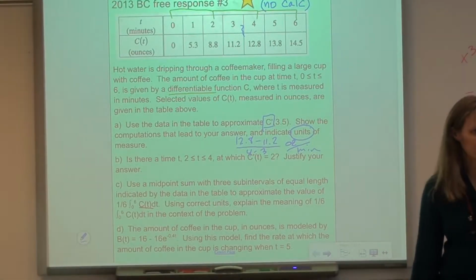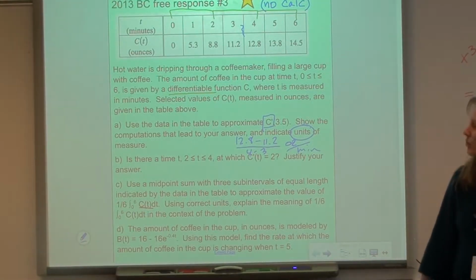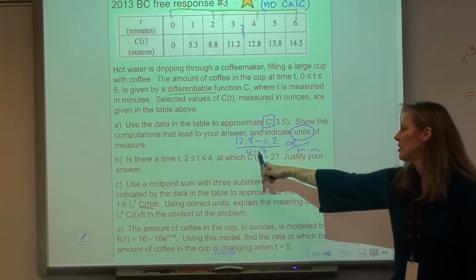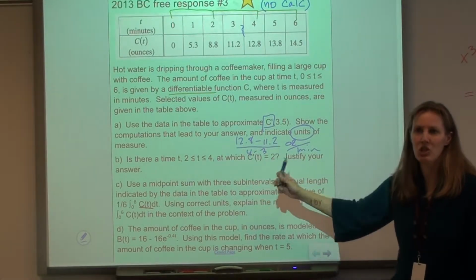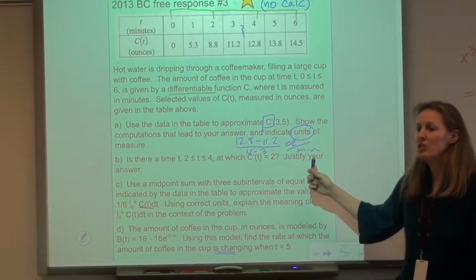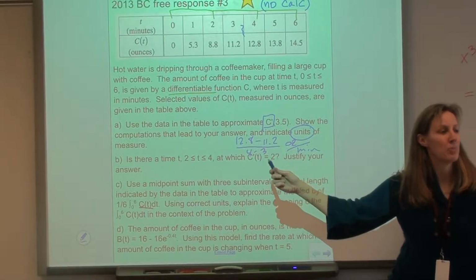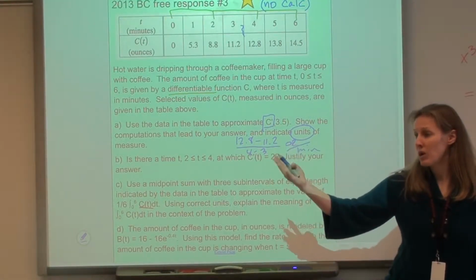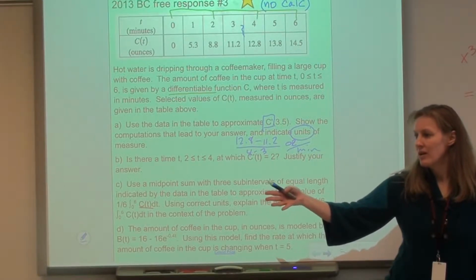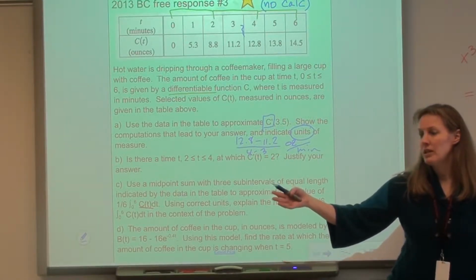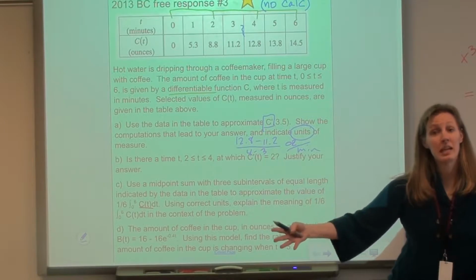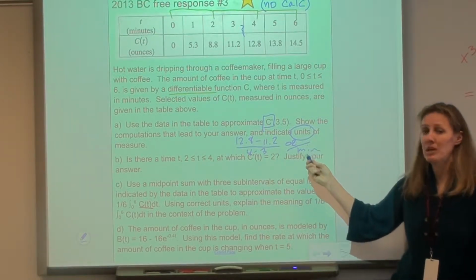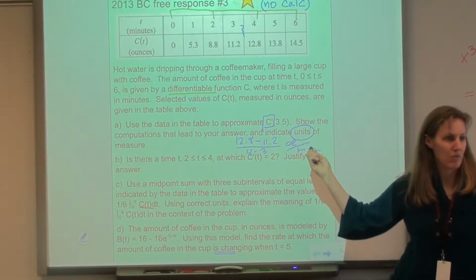Does that make sense? This one was graded literally a point for your approximation and then a point for the units. So if you didn't know how to do the approximation, if you just wrote, what did we always say, 6? Yeah. I think that was Naomi's thing, no, right? No. Yeah. If you just write 6 and then put ounces per minute, you still got the point for the ounces per minute, right?